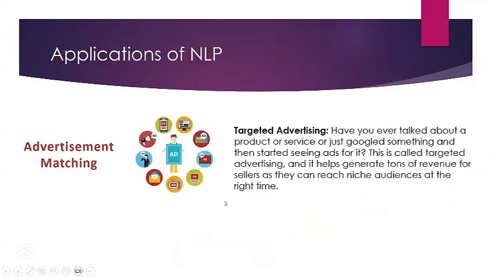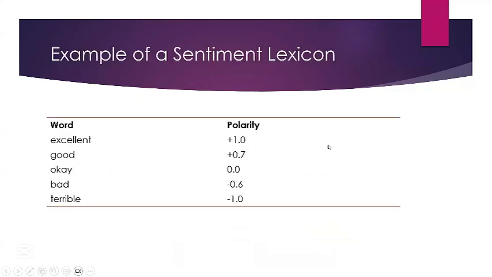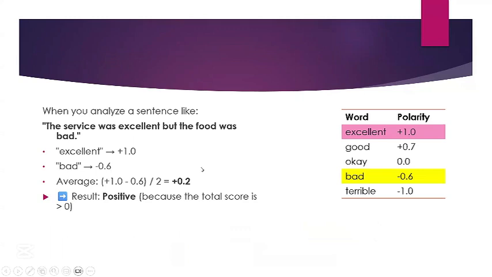This is the dictionary example, and this is how the program is going to calculate. As an example, take the comment: the service was excellent, but the food was not bad. For excellent, the given number is 1.0, plus 1.0, then for bad, the allocated number is minus 0.6.